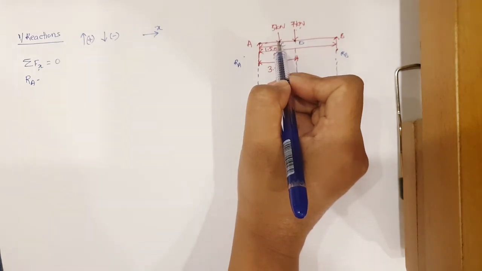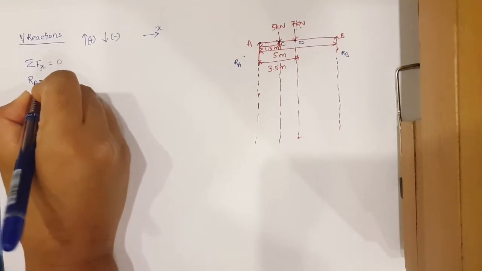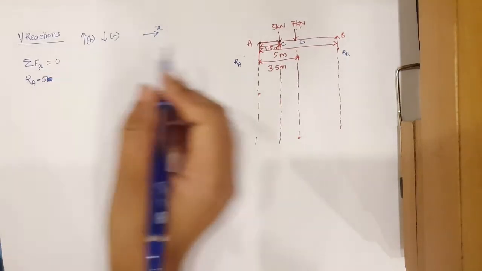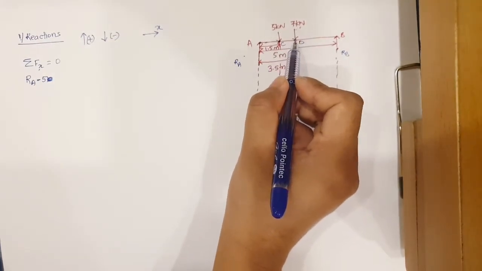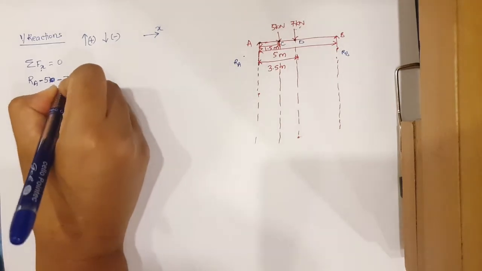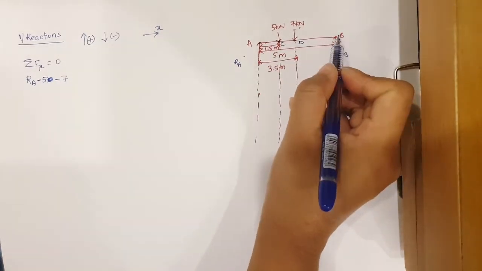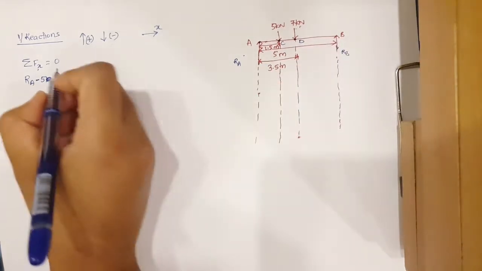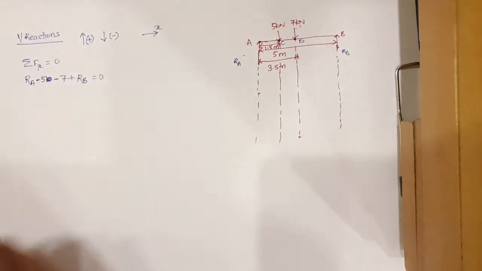This 5 kN load is coming from top to bottom, so this is minus 5 kN. Then next we have 7 kN load which is also coming from top to bottom. So we have minus 7, and at the end here we have B which is going from bottom to top, which is plus RB equals to 0.